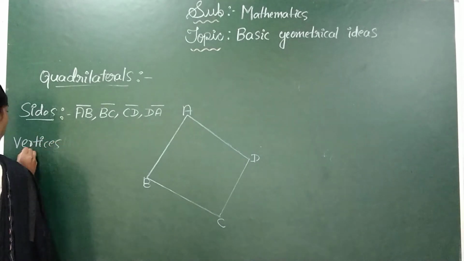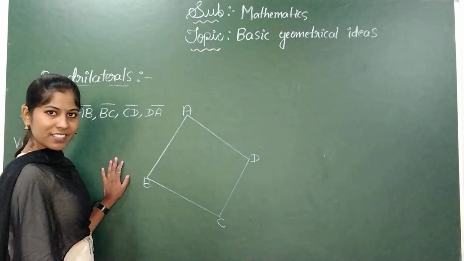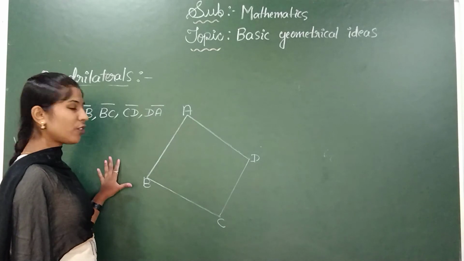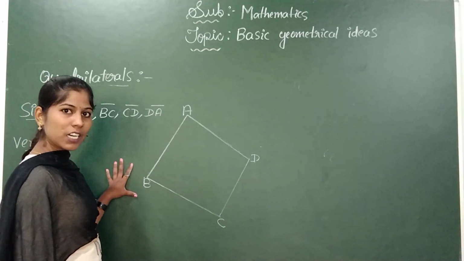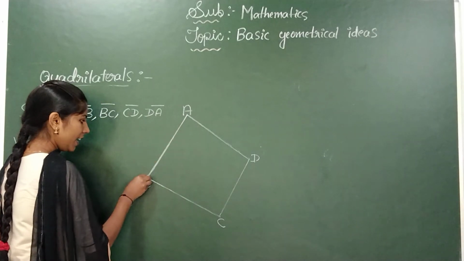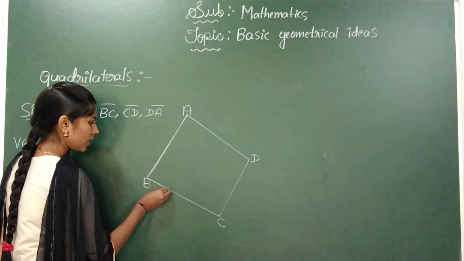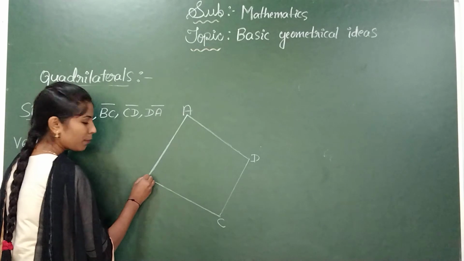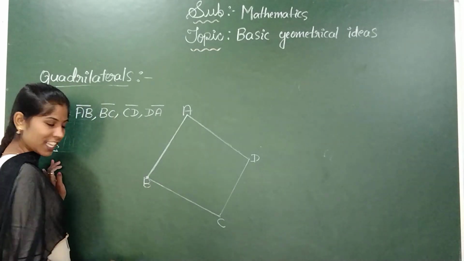And what are the vertices of this quadrilateral? Vertices we already learned: a pair of sides meet at a point. This is one side and this is another side. They meet at this point. This is the vertex.